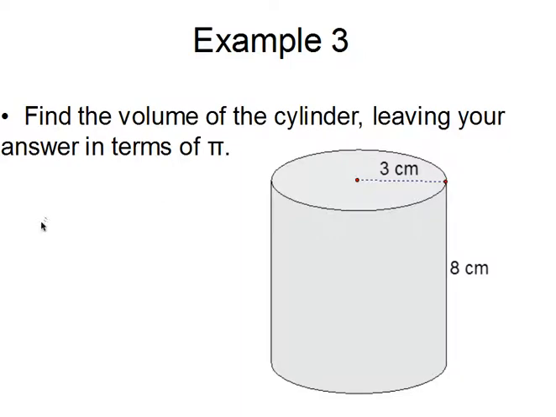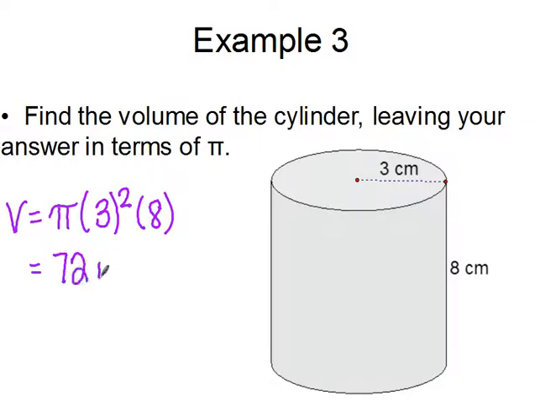Okay, so let's try it. Volume of this cylinder, pi times the radius, and radius is 3, squared times h. Alright, and we're going to leave it in terms of pi. So 3 squared is 9 times 8 is 72 pi, and then it's centimeters cubed.